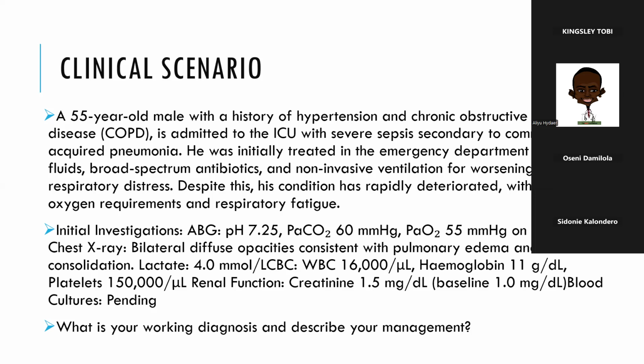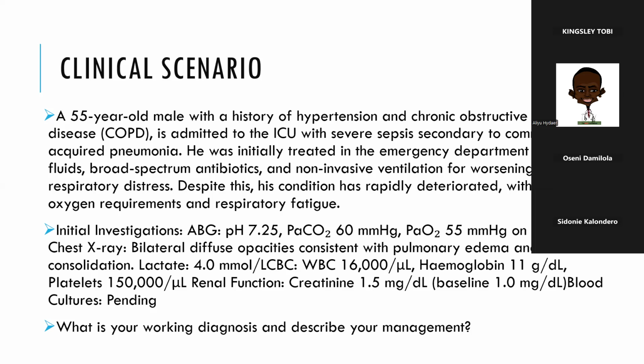A 55-year-old male patient with a history of hypertension and COPD has been admitted to your ICU with severe sepsis secondary to community-acquired pneumonia. He was initially treated in the emergency department with IV fluid, broad-spectrum antibiotics, and non-invasive ventilation for worsening respiratory distress.